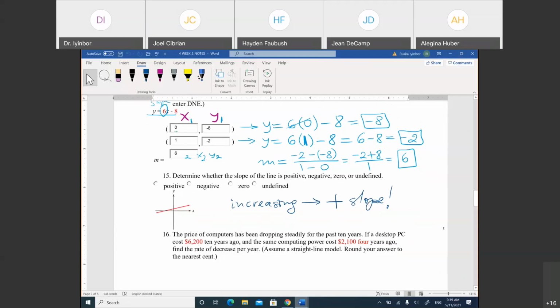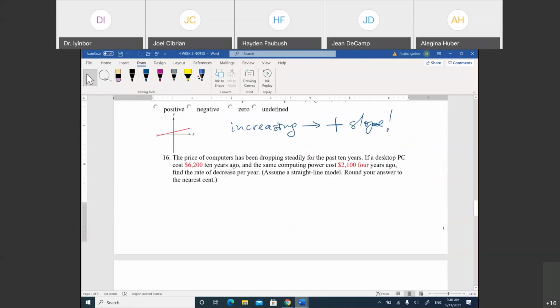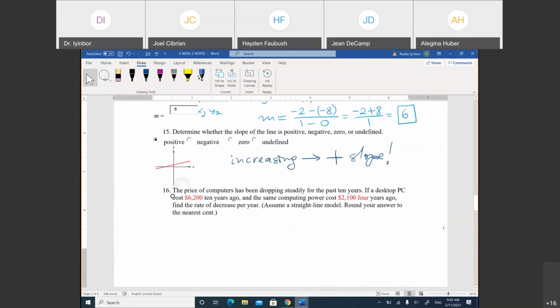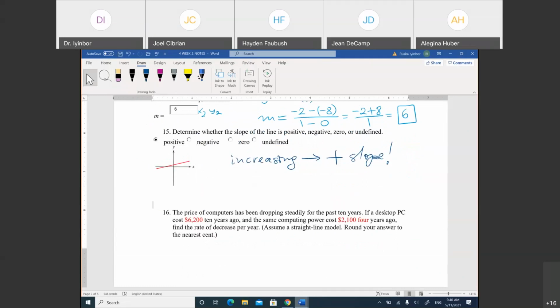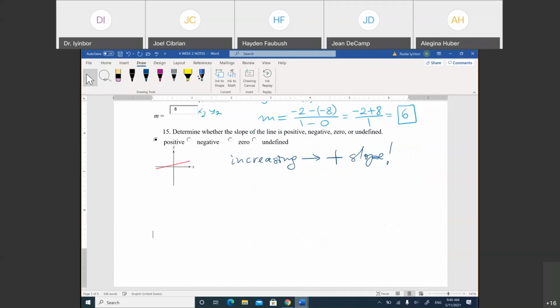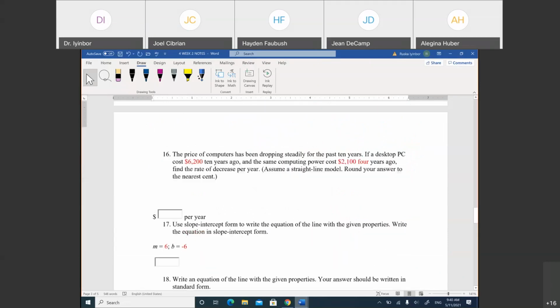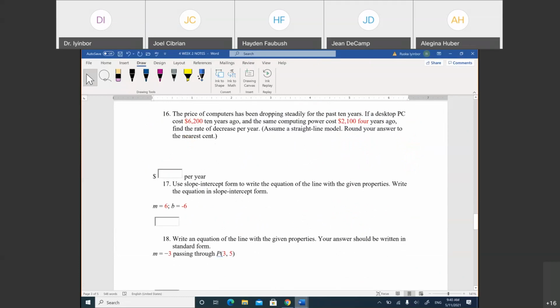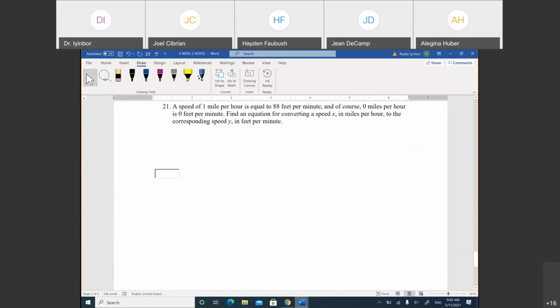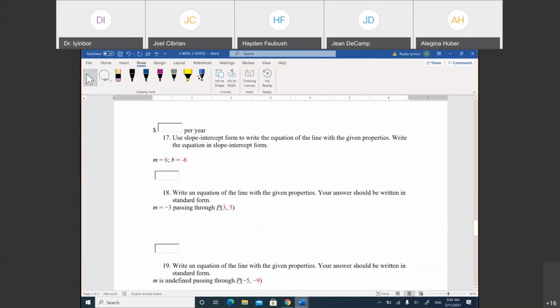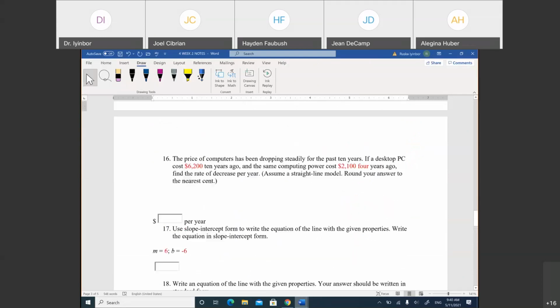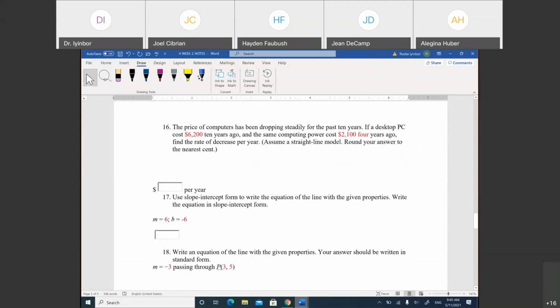Okay, then you go into number 16. We have some applications here. Okay, so 16. We have the price of computers has been dropping for the past 10 years.